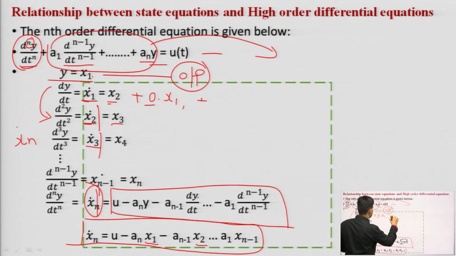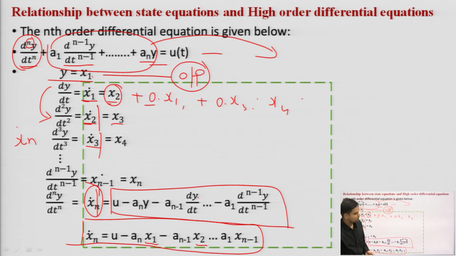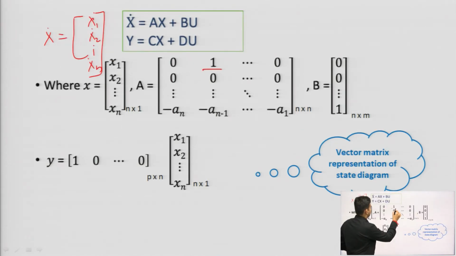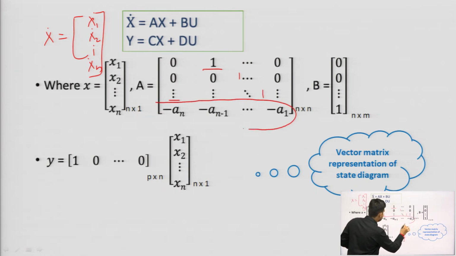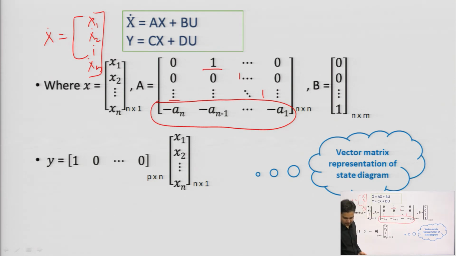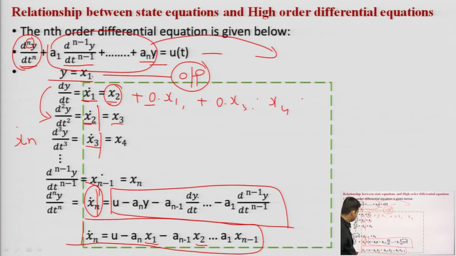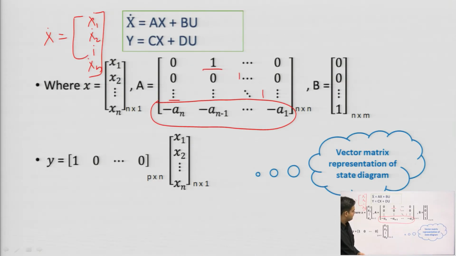If you see the coefficient of x 3, 0, x 4, 0, till the nth order, only the coefficient of x 2 is present. So, that is why the second element is 1. In the same way, in the second row the third element would be 1, in the same way in the third row the fourth element would be 1, and this matrix will go on, and in the last row I will get all these coefficients. Okay. So, you can say a n is here, a n minus 1, right, till a 1.